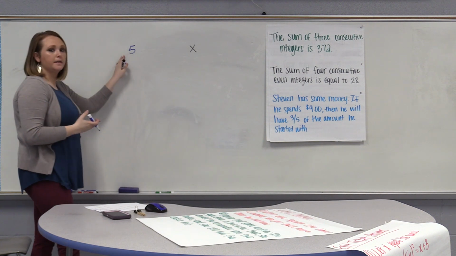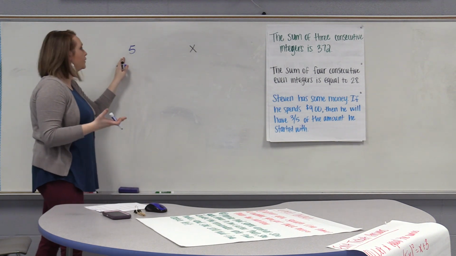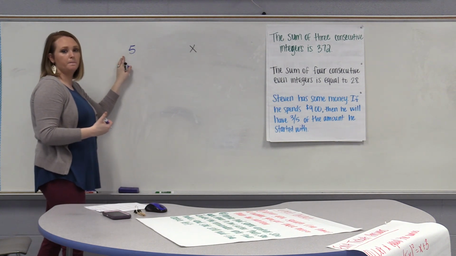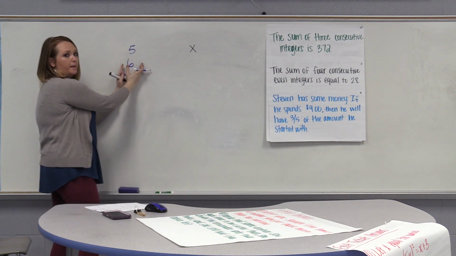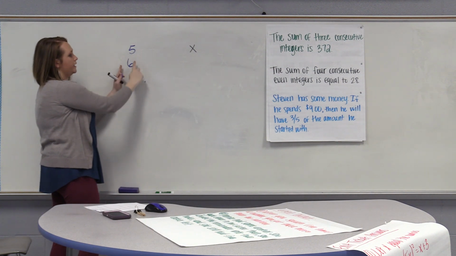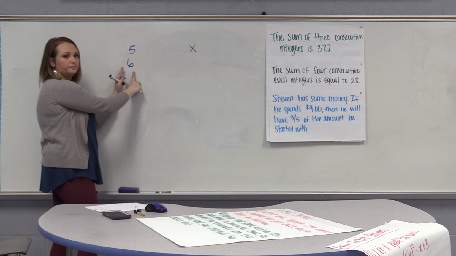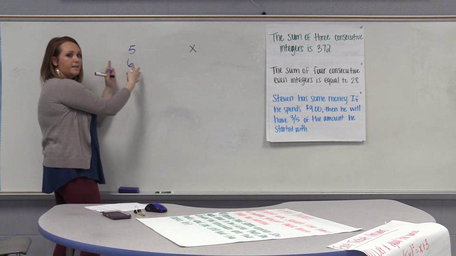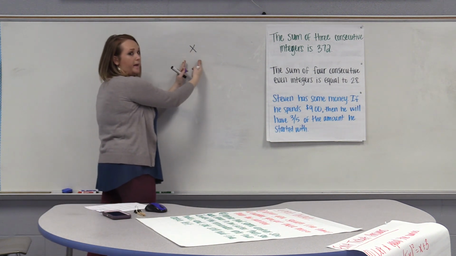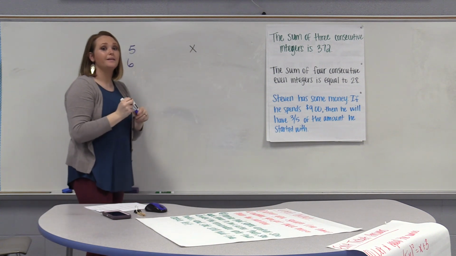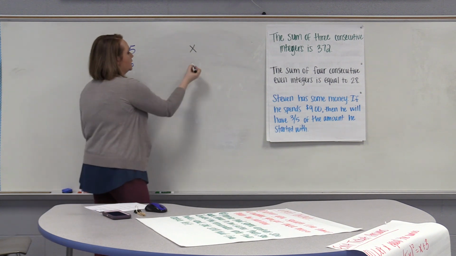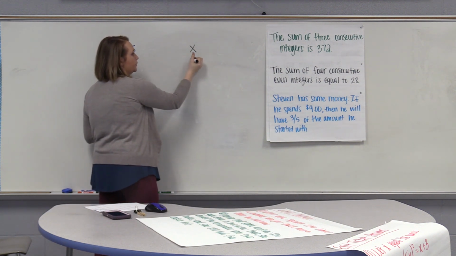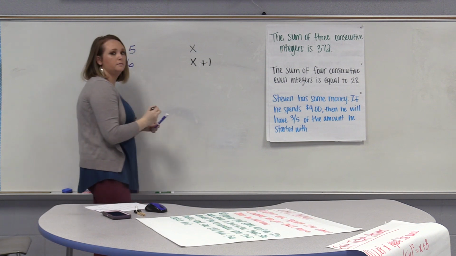So if 5 is the number I start with, what would be my next number? 6. So let's think about this. What did I do to 5 to get to 6? I added 1. So let's use that same logic here. If I start with x, what would I do to get the next consecutive number? I would add 1. So my next consecutive number would be x plus 1.